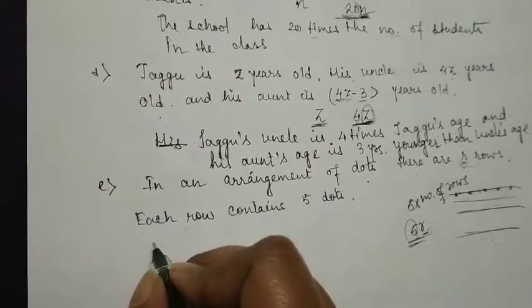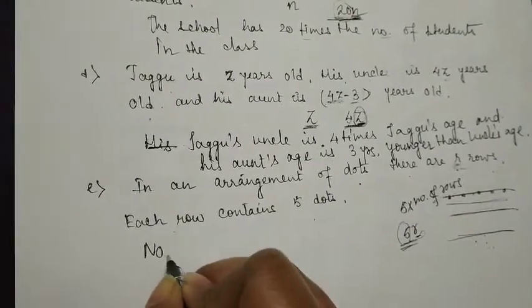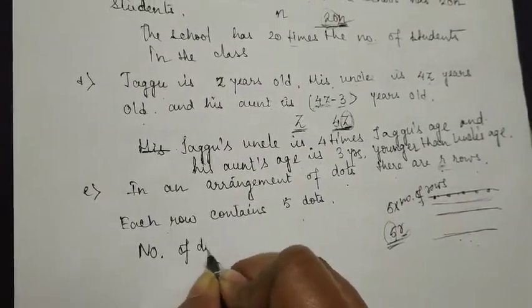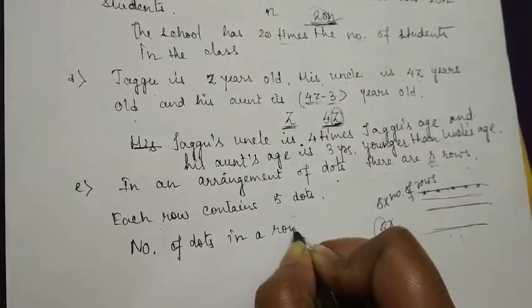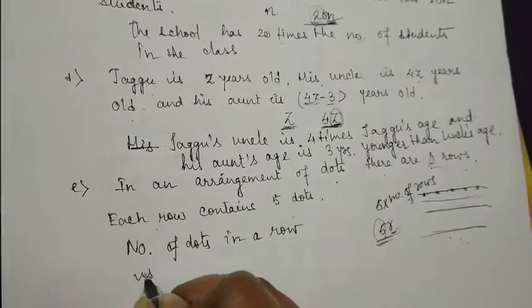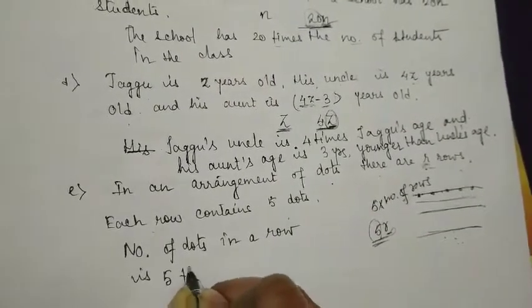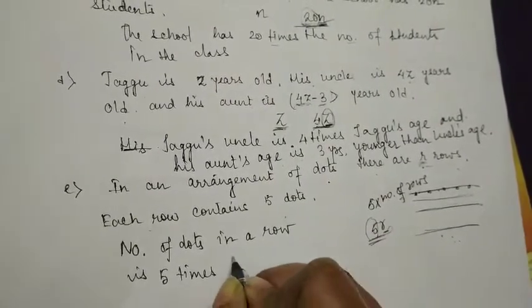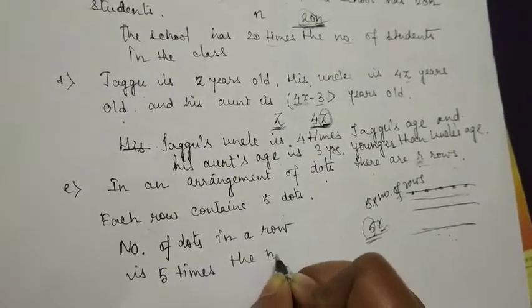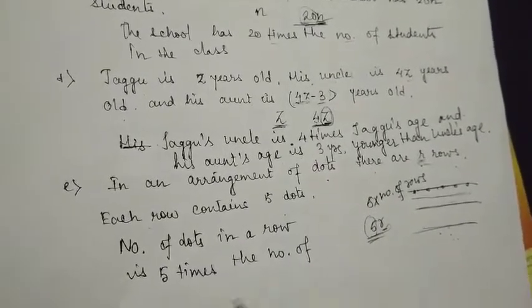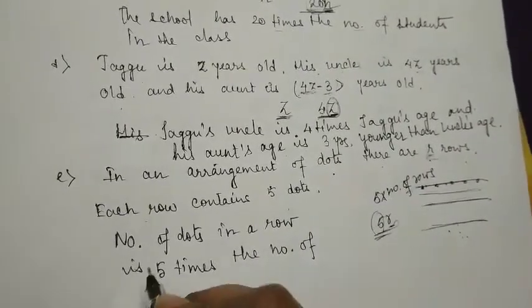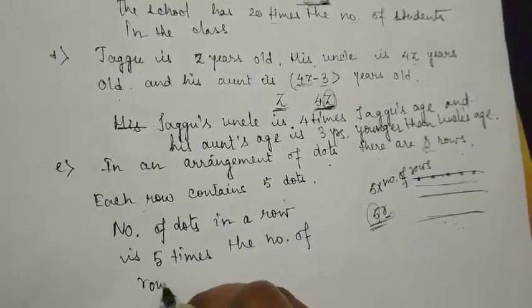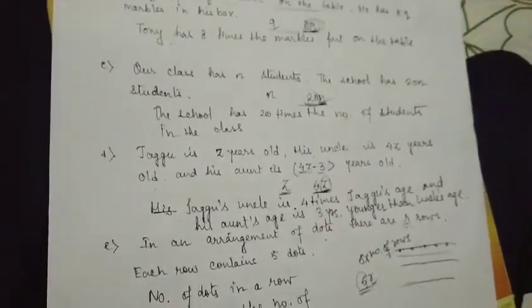So here we will write the number of dots in a row is 5 times the number of rows. So this is the last part of the question.